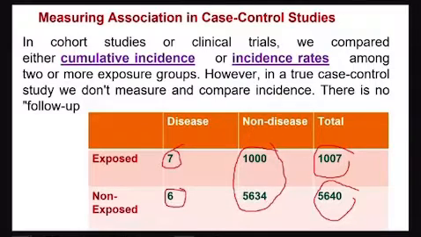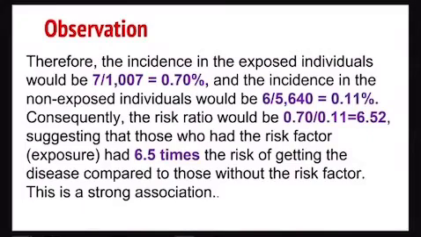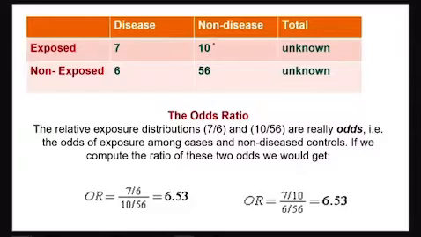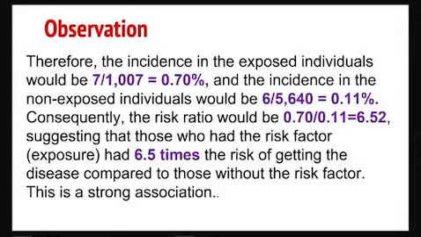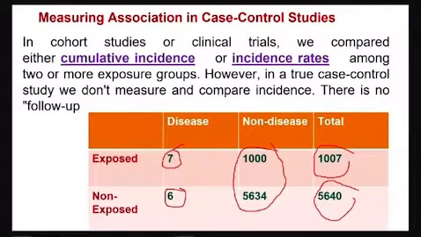Don't forget, we always take samples. Now, take a look at this. This is like 1% of what I chose before. Compare 10 and 56 to this. That is like 1%.